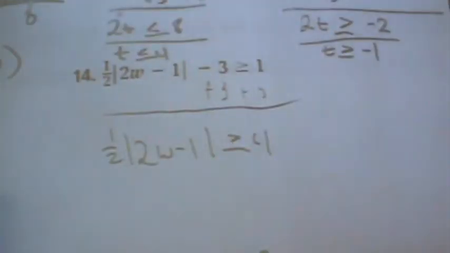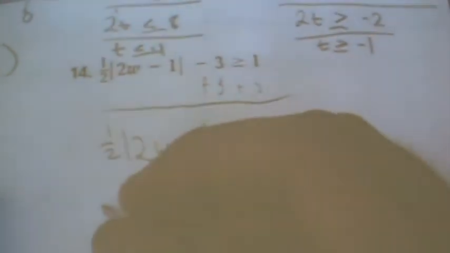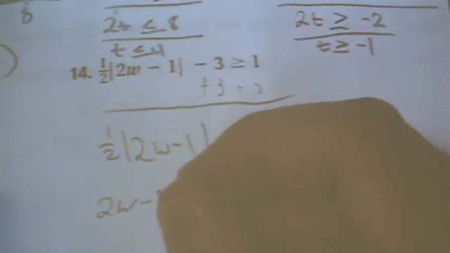Cross multiply, you're gonna get 2w minus 1 equals 8. And then if you split that up, it's gonna be 2w minus 1 equals -8. Great, okay, so we'll solve this one first. Plus 1, plus 1.